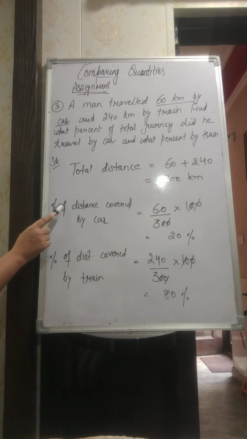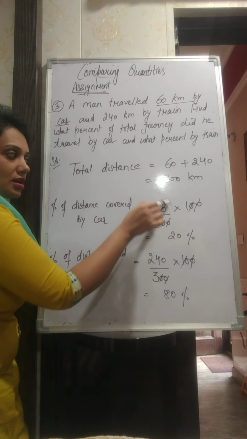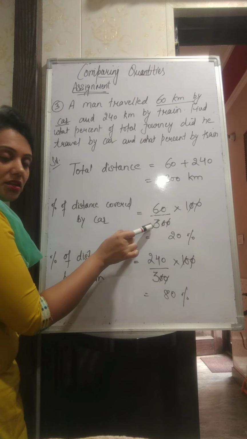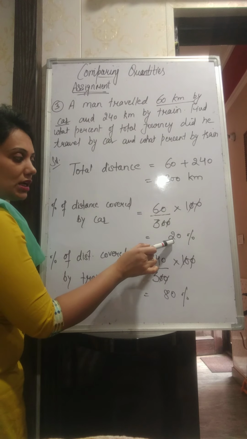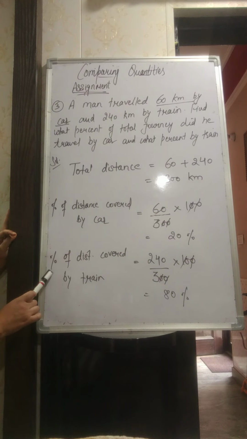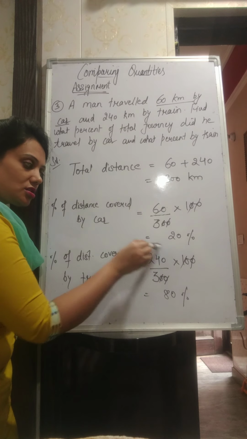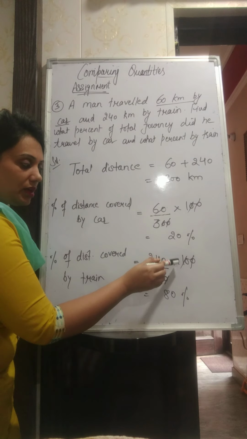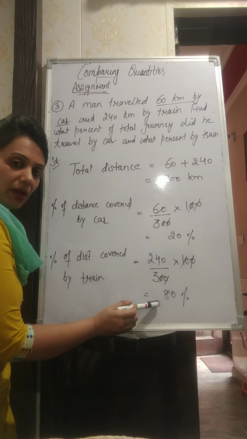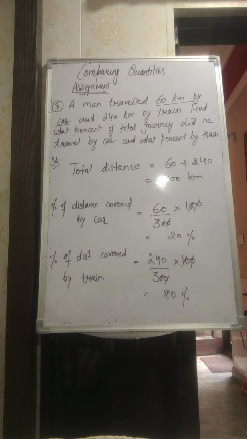So the percentage of distance covered by car is the distance covered by car divided by the total distance multiplied by 100. So it is 20%. Similarly, distance traveled by train is the distance traveled by train divided by the total multiplied by 100. This is the method to find out the percentage, right? So this is question number 3.